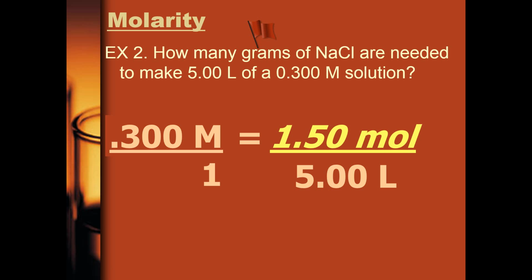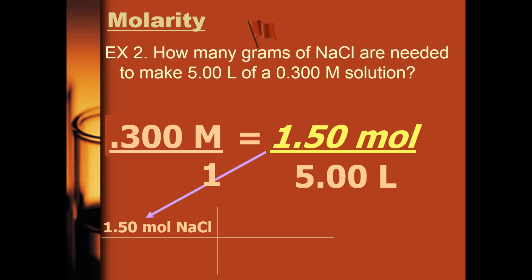This is not the end of the problem because the problem is asking us for grams. This is 1.5 moles of NaCl, and all we need to do is a side conversion to convert 1.50 moles into grams. So you're going to need to get out your periodic tables.